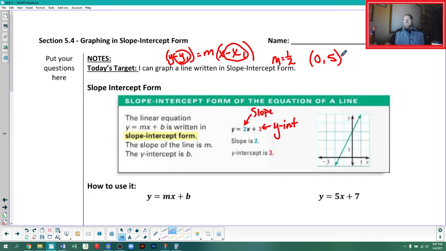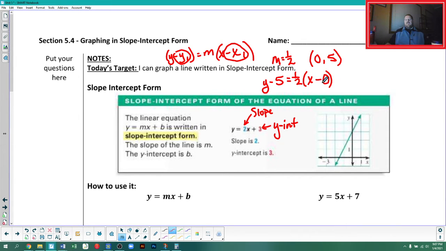Well, the point (0, 5) we should realize is a y-intercept because it doesn't have any x value to it. But what does that look like in point slope form? I have to remember that I need the opposite of my y value, so I'd have y minus 5 instead of plus 5 equals m, which is 1/2, the slope, times x minus 0.